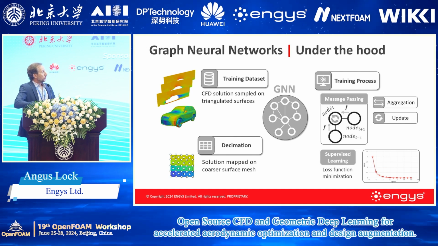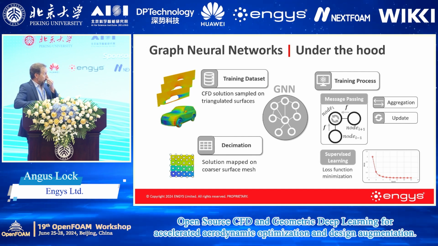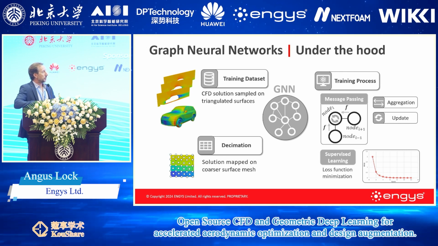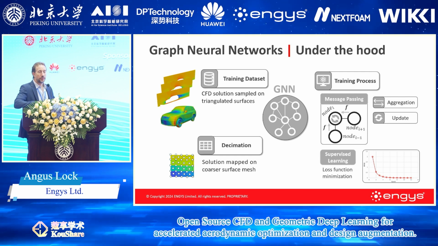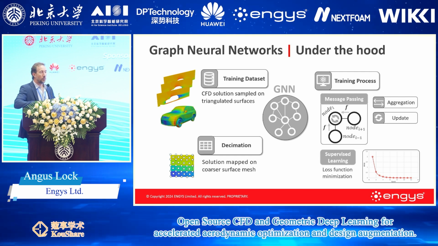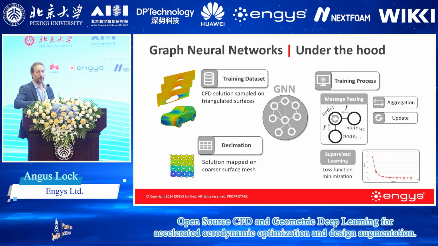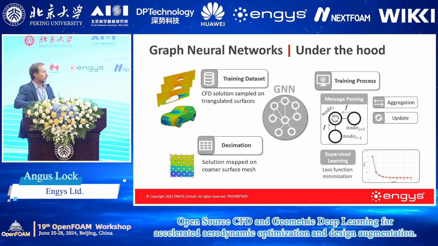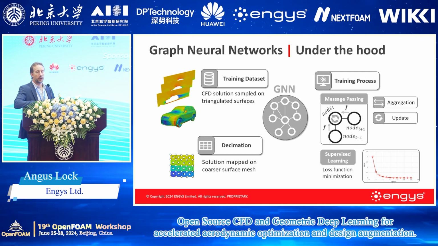So in terms of what that means, we had to provide a training data set to the graph neural network, and that's the CFD results sampled onto triangulated surfaces. So we're typically using the VTK object format, both for the surface of the vehicle, where we're primarily looking at pressure and wall shear stress, as well as slices in the flow, where we're looking at velocity and total pressure.